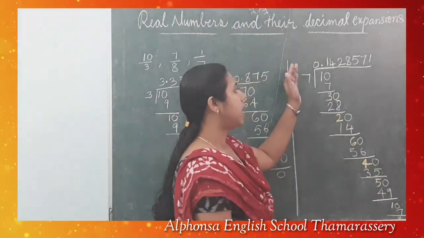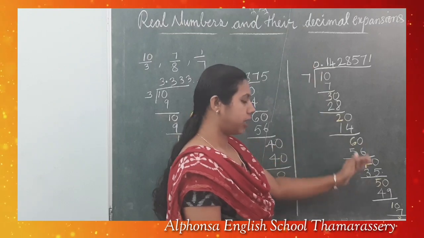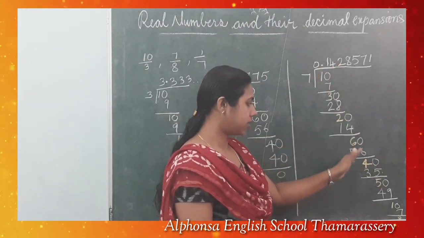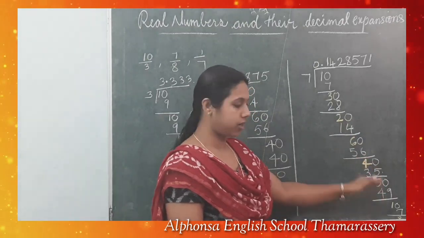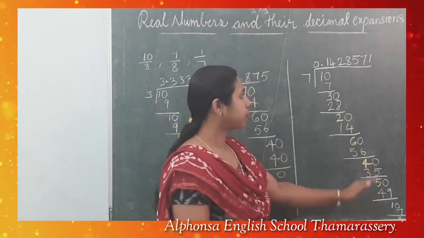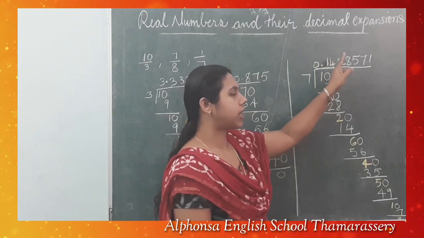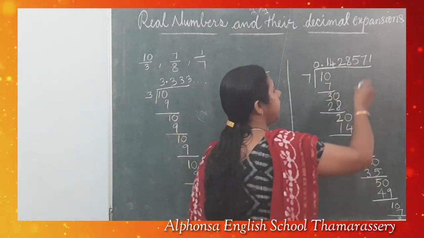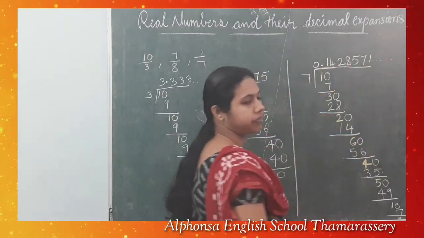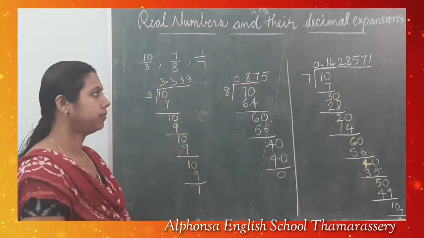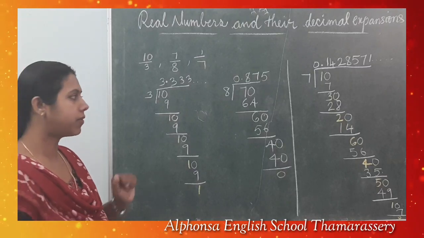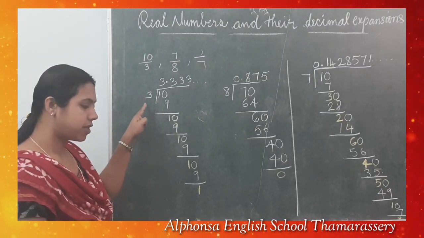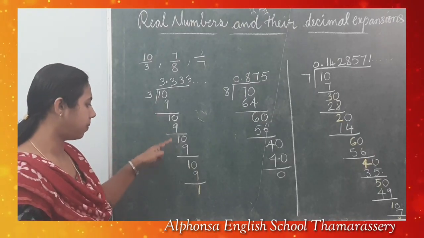So, children, if you continue like this, you can see that the remainder is not getting 0. It's continuing like this. At that time the quotient is also repeating like this: 1, 4, 2, 8, 5, 7, 1, etc. So from these examples, when you observe these remainders, in the first case, the remainder is repeating.